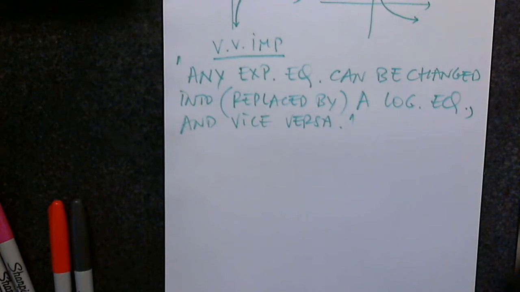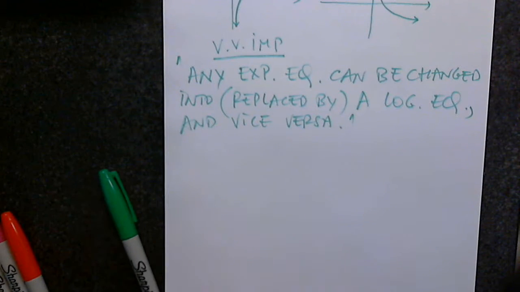So it shows the mechanism between the two functions. Secondly, without this concept, I will have difficulties in solving either exponential equations or log equations, depending on the equation. But knowing that I have the alternative, you give me a log equation, I'll say, I don't know how to solve it, but I can change it to an exponential, and I can solve it. You give me a sophisticated exponential equation, I say, I'm going to change it into a log because it's easier. So at least 2 reasons, very powerful reasons, very important reasons.